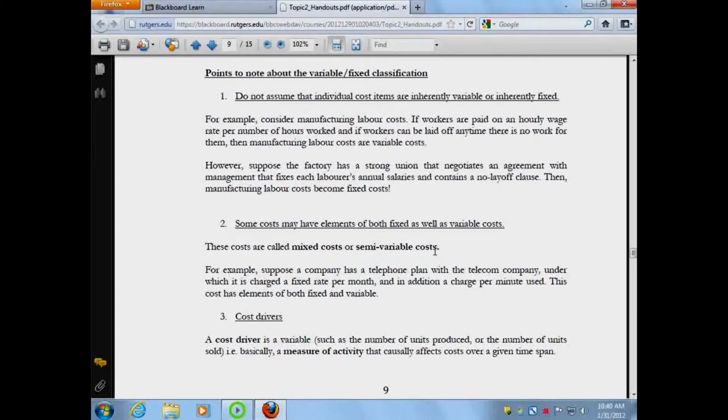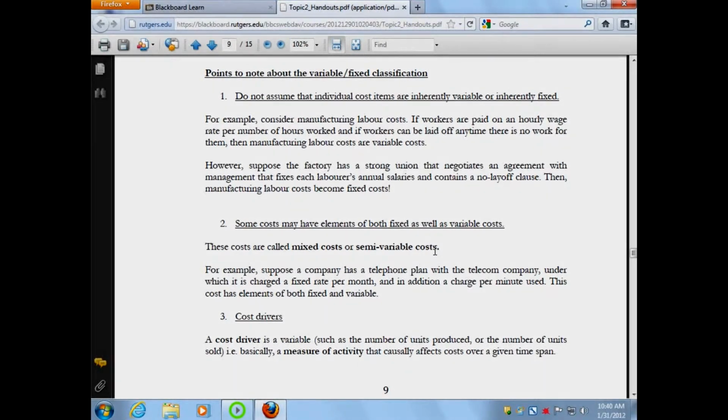So this is 40K, 80K, 120K, 160K, 200K. Within each of those smaller ranges, the cost is a pure fixed cost, right? Within this range, it's purely fixed at 40. Within this range, it's purely fixed at 80, and so on and so forth.